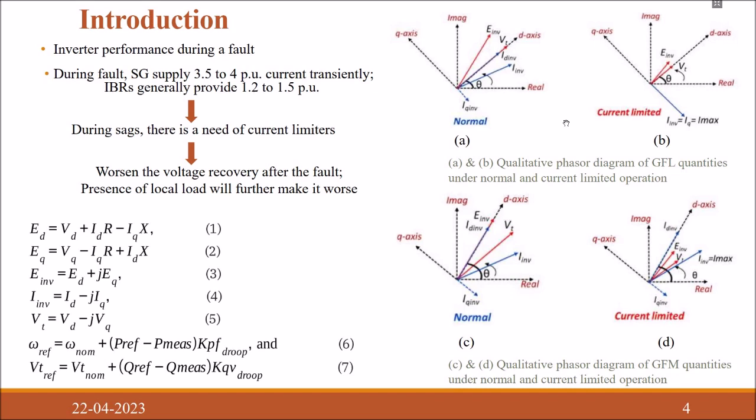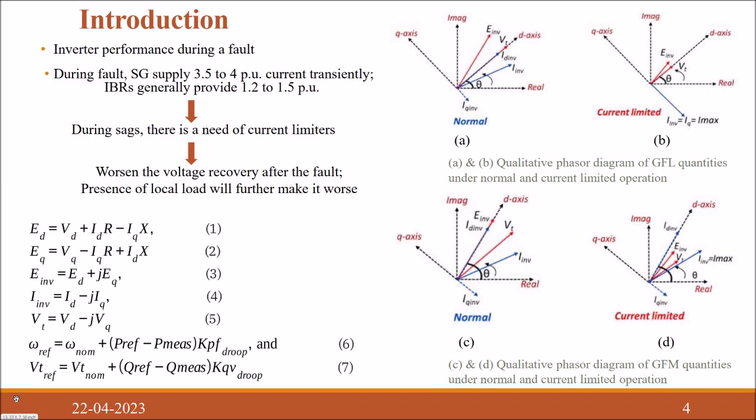Now if you see in figure A, the D axis is aligned with the terminal voltage VT, which we are getting from the grid, even at the expense of active current, for proper voltage recovery or voltage support.